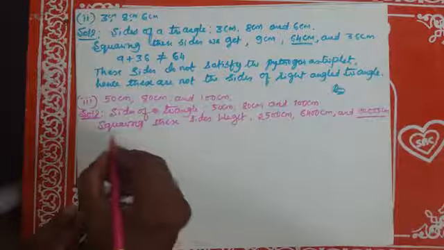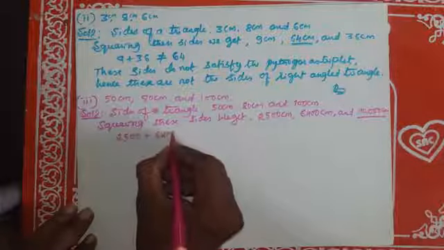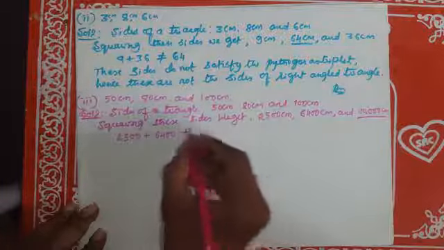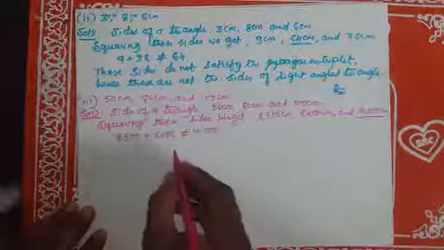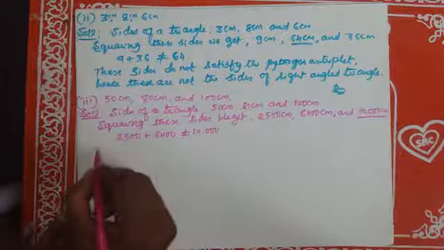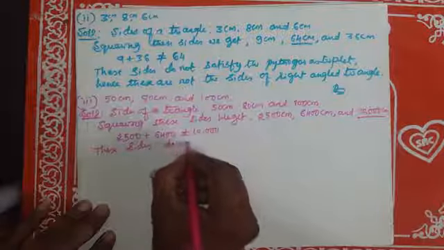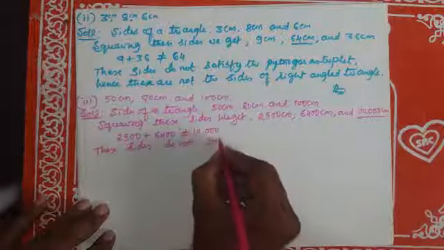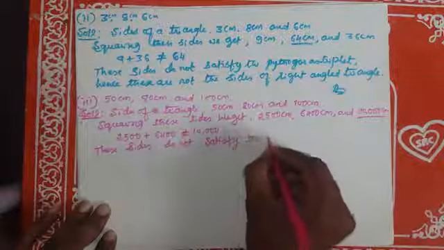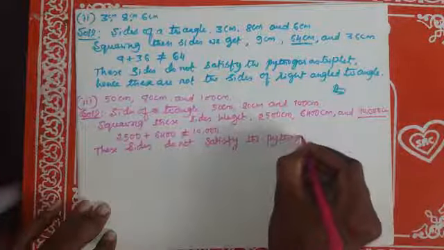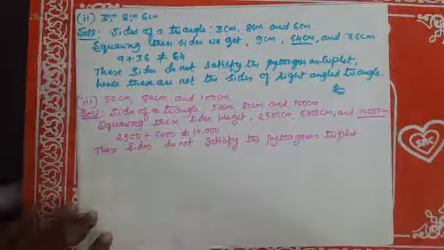Look here, 2500 plus 6400 is not equal to 10,000. These sides do not satisfy the Pythagoras triplet.